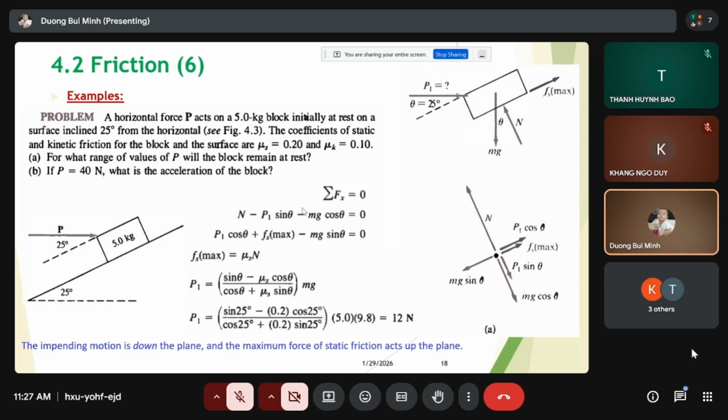N is this one plus this one. You get b1 sine theta plus mg cosine theta.